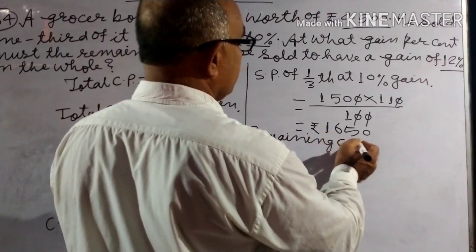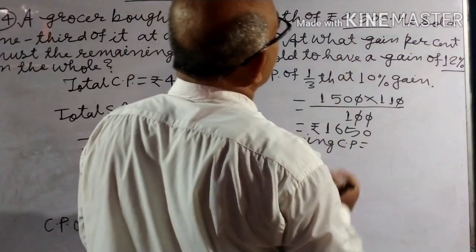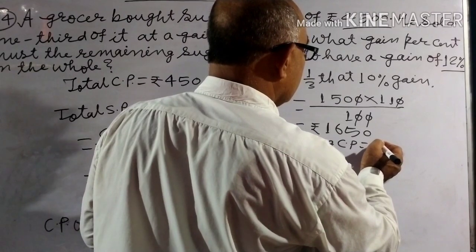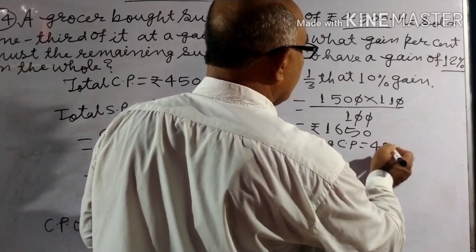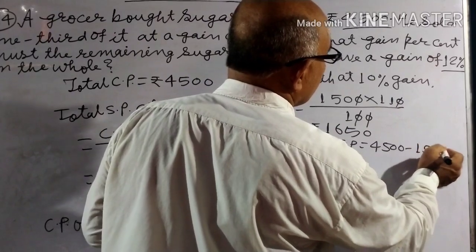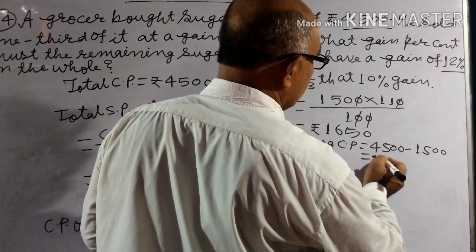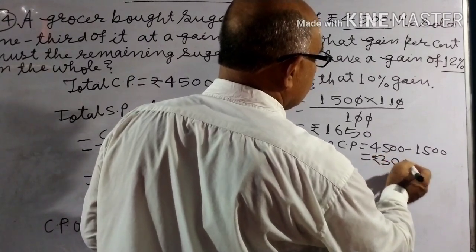Now remaining CP: total CP is 4,500 minus 1,500 equals rupees 3,000.